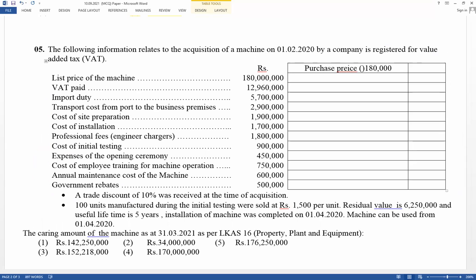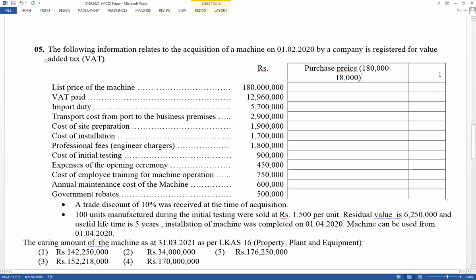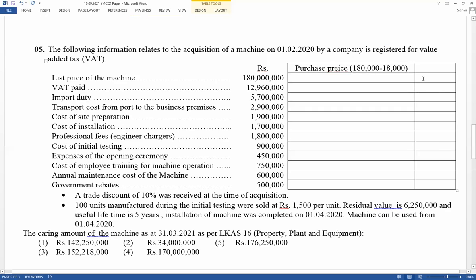From that value, deduct 10% trade discounts. Therefore, 10% equals 18,000. Values in 1,000. Therefore, 180,000 minus 18,000 equals 162,000.